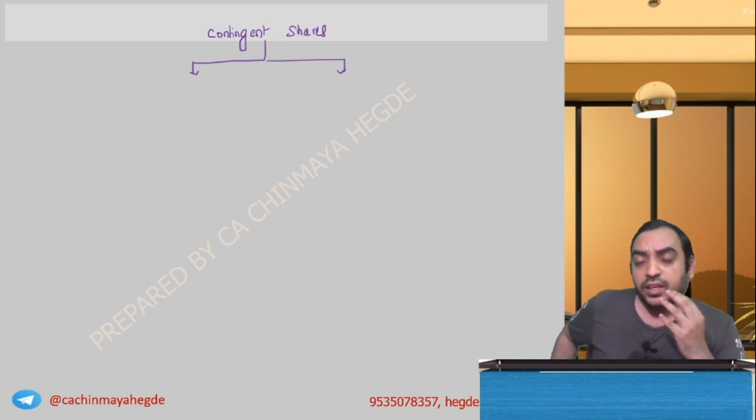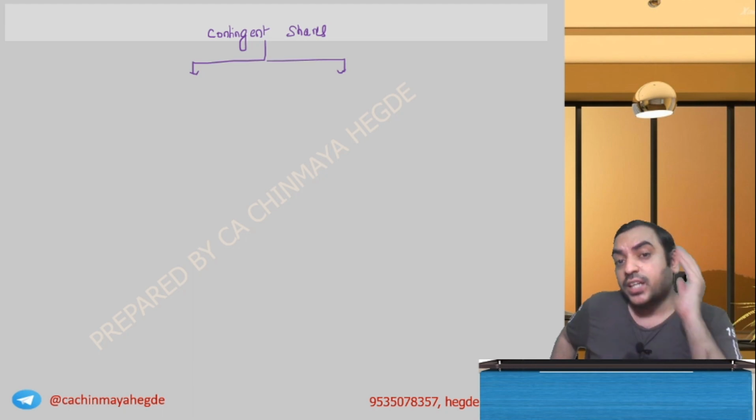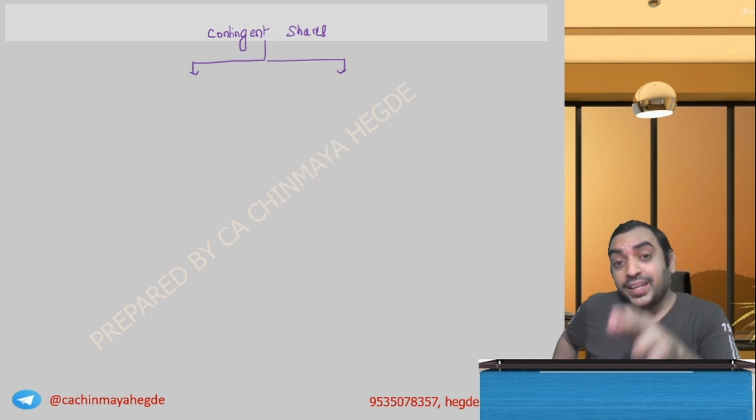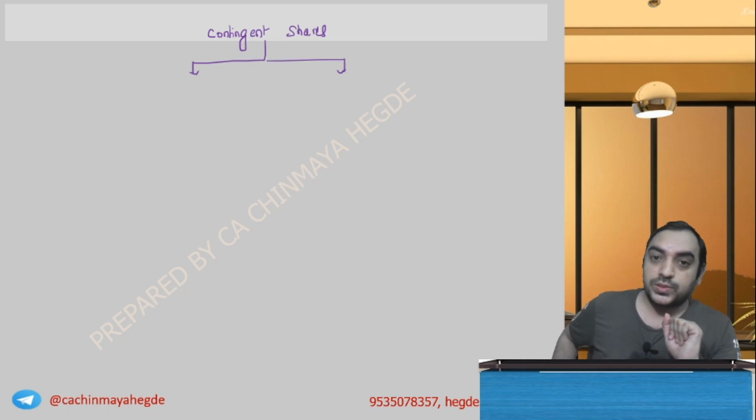Or shares issued by a company in the course of business amalgamation, business combination. If the company makes a profit of 1 crore in the next quarter, the acquirer gives additional shares. Shares issuable upon meeting certain conditions.